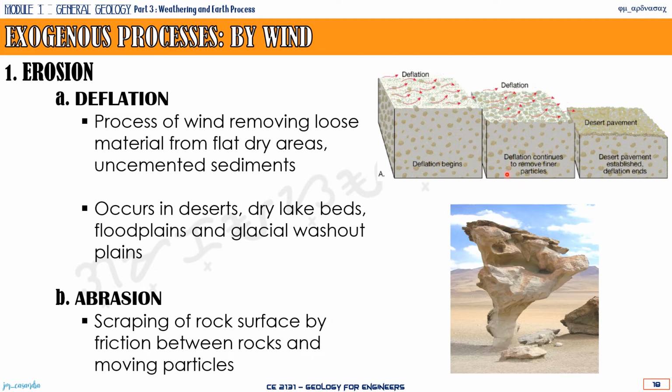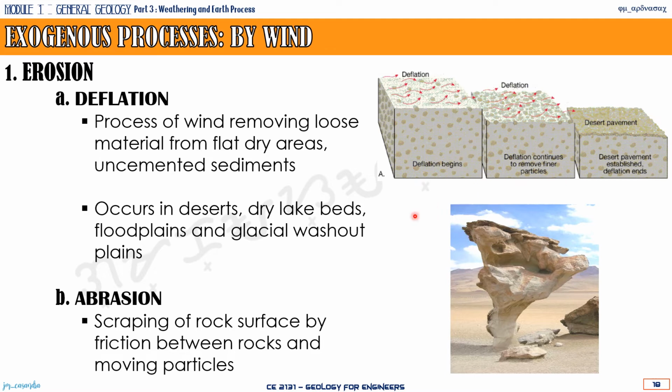Pakonti ng pakonti or paliit ng paliit yung layer ng soil ninyo. Pero meron pa ring maliliit, so ililipad ulit, hanggang sa wala nang mailipad na smaller or loose material doon sa pavement ninyo o doon sa ground ninyo. Okay?